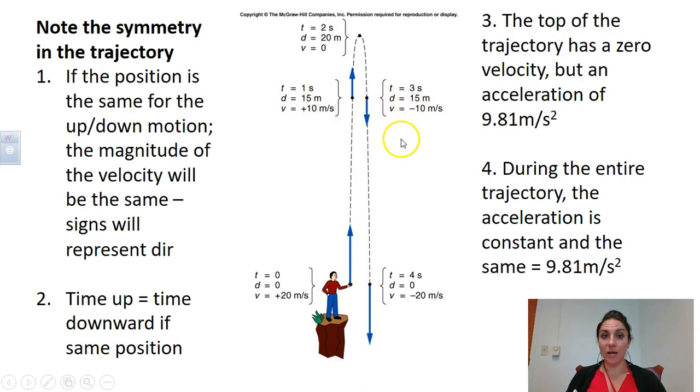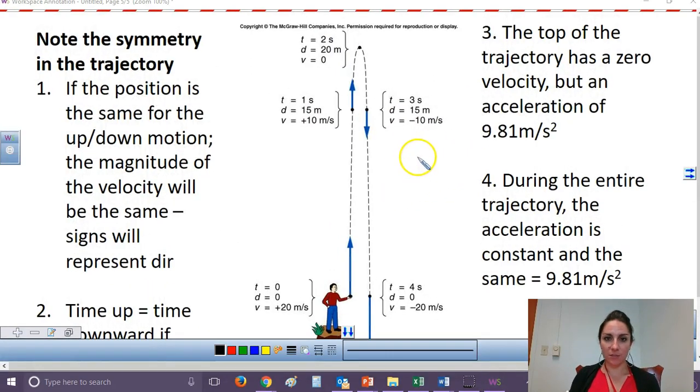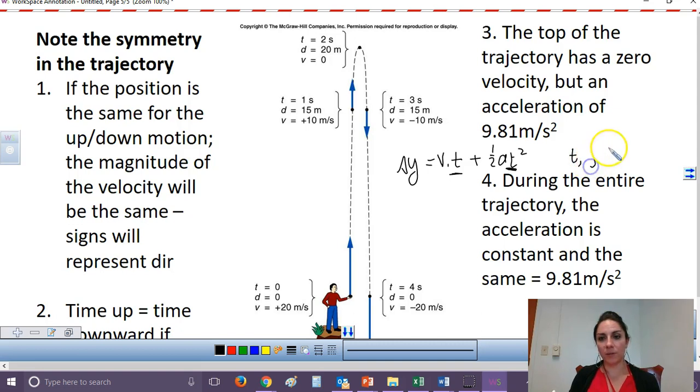That actually comes from the fact that this equation is quadratic, right? Which means when you solve a quadratic, you'll have t1 and then t2, which means you'll have 2 times.